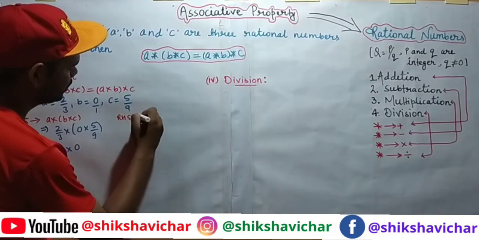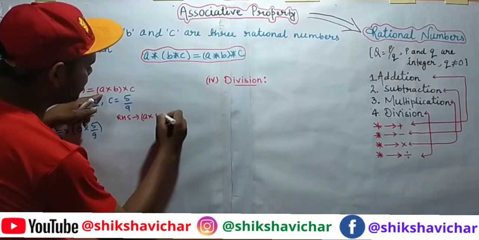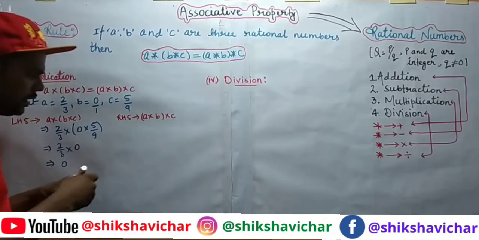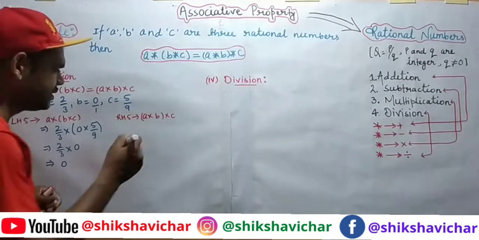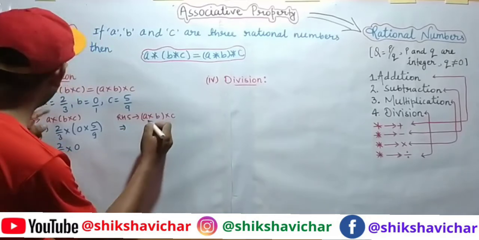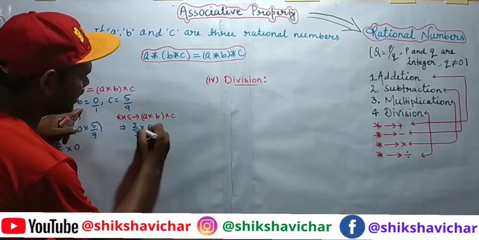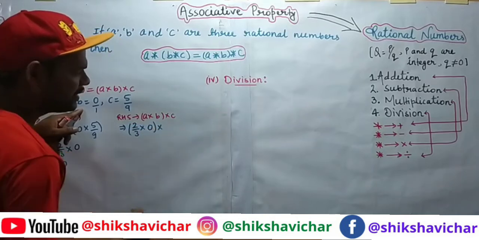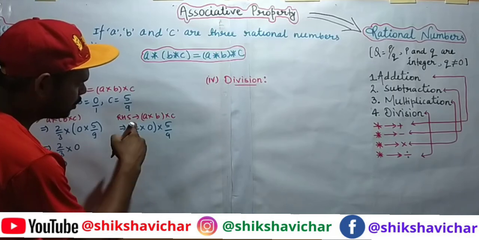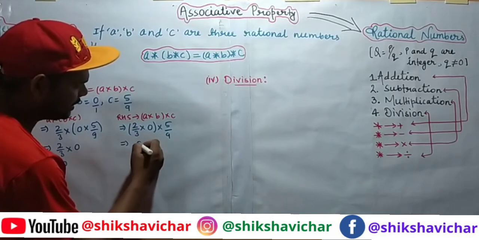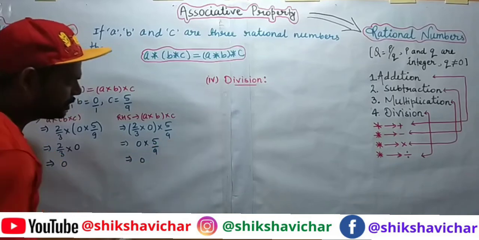Now see the value of the right hand side. The right hand side is a × (b × c). Substituting the taken values, that means a multiplied by b, that is 2 upon 3 multiplied by b, that is 0, multiplied by c, that is 5 upon 9. This will give us 2 upon 3 multiplied by 0, that is 0, multiplied by 5 upon 9, again the result would be 0.